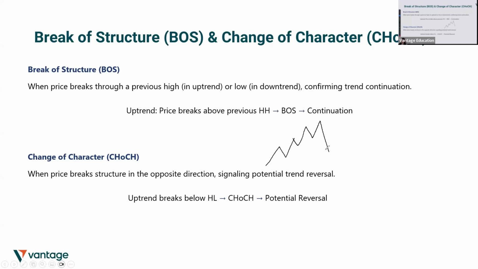And price breaks the higher low, the previous one. So this level is going to be the change of character, from bullish to bearish. Price will pull back, make lower high, lower low, lower high, lower low, and then make a higher high. This is a change of character, meaning the end of the downtrend.